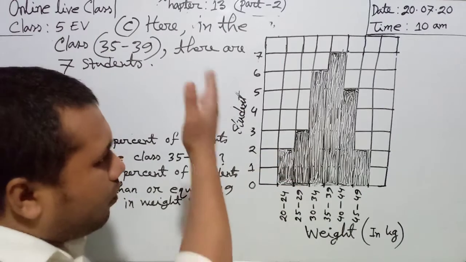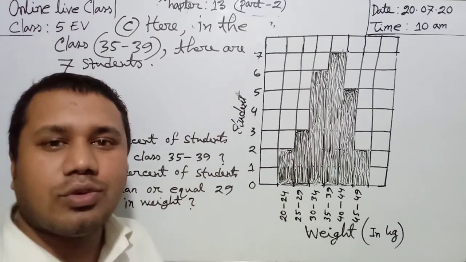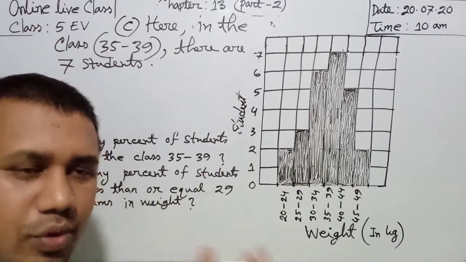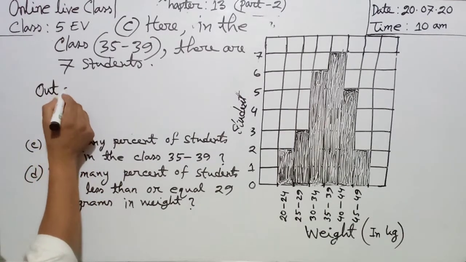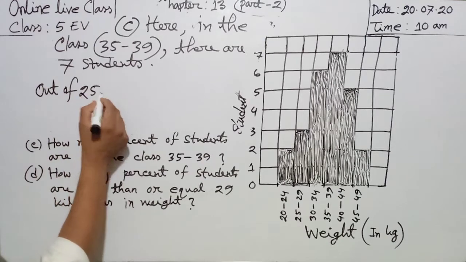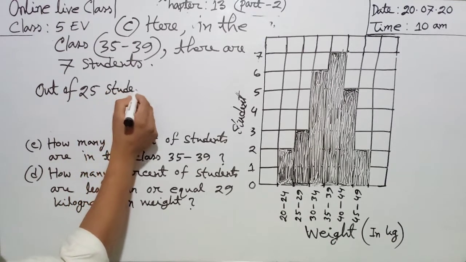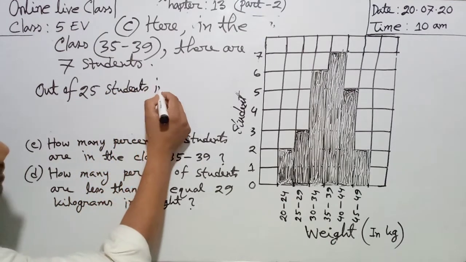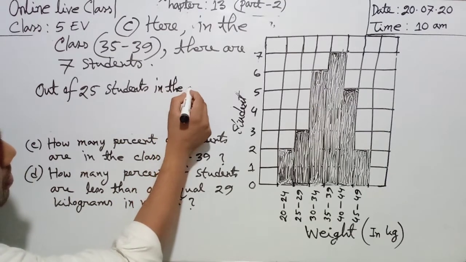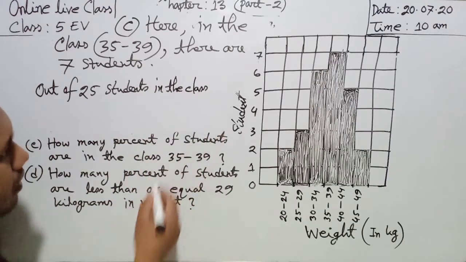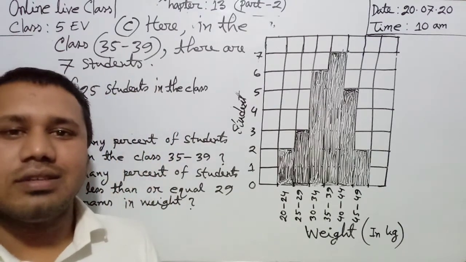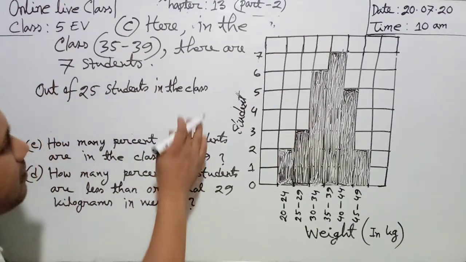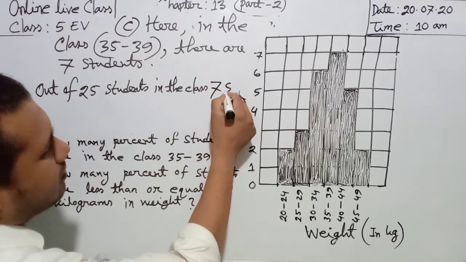Now from A we get there are total 25 students. So we can write, out of 25 students in the class, how many students? 7 students.